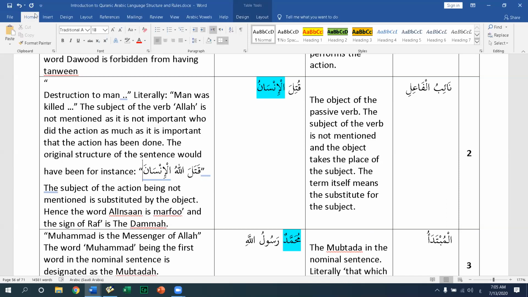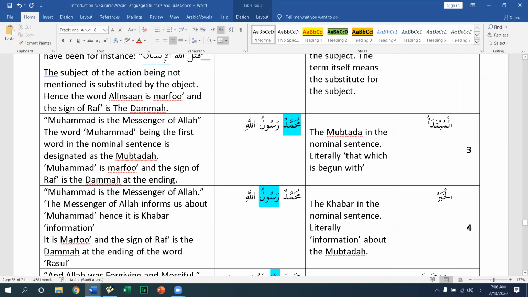That Allah killed the man or the person. The subject of the action, the word Allah, has not been mentioned and is substituted by the object. Hence the word al-insan is marfu' and the sign of raf is the dhamma.